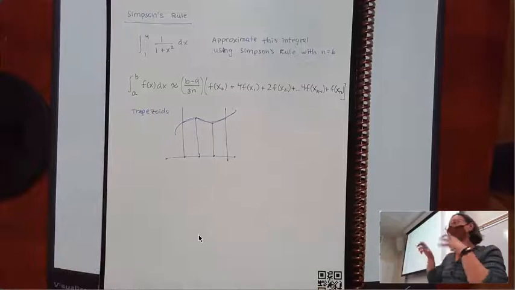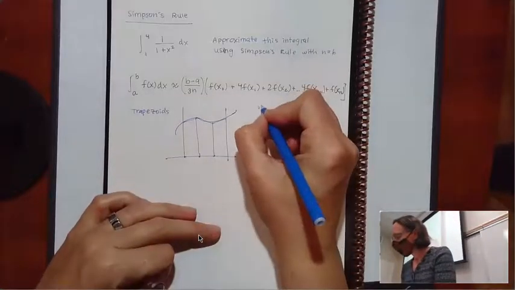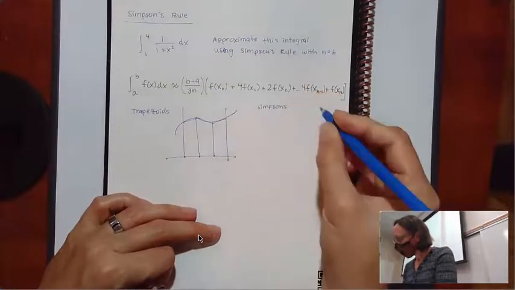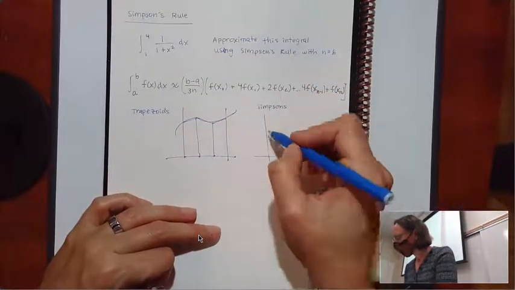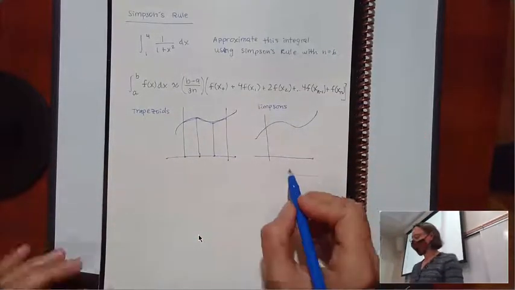So that's why the coefficients look the way they do for the trapezoid rule. Well, for Simpson's rule, I know it's a little bit weirder to think about, but we're actually breaking this apart.